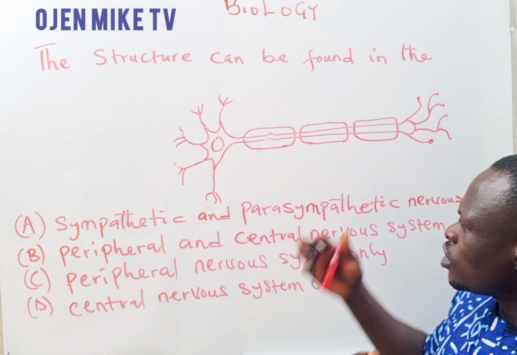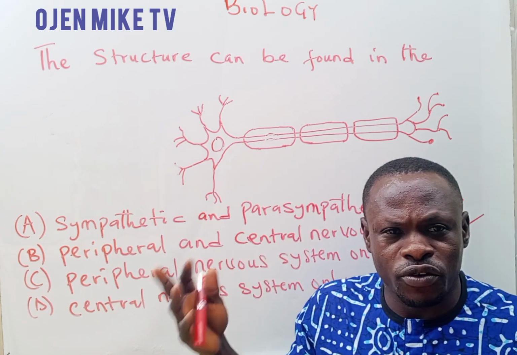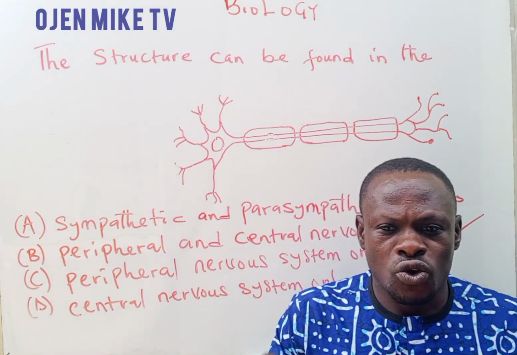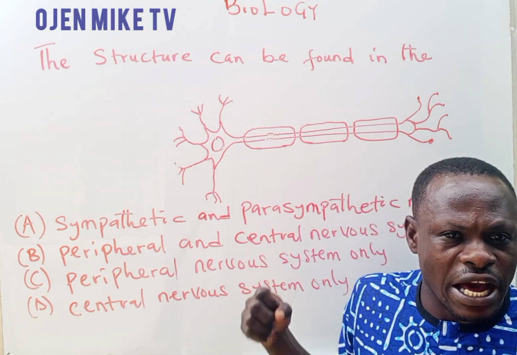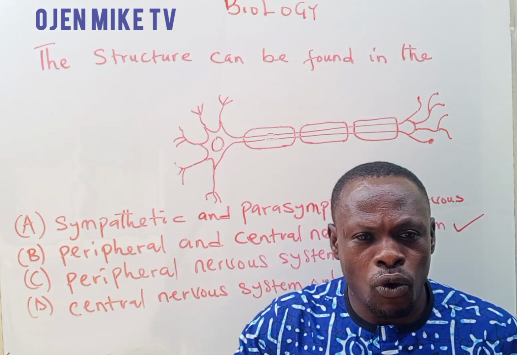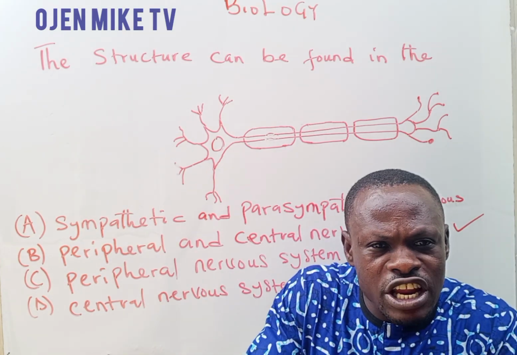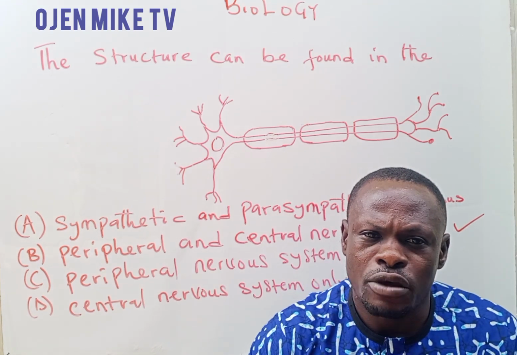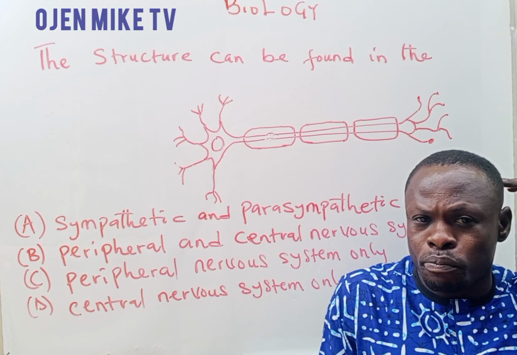Now if you look at the structure of a neuron, like I said, it is for the processing of information and transmission of impulses. For instance, when you put your hand inside hot water, immediately you withdraw your hand because the water will hurt you. What really happened there? Immediately you put your hand in the hot water, the nerve cells in the hand transmit that information directly to the brain for processing.